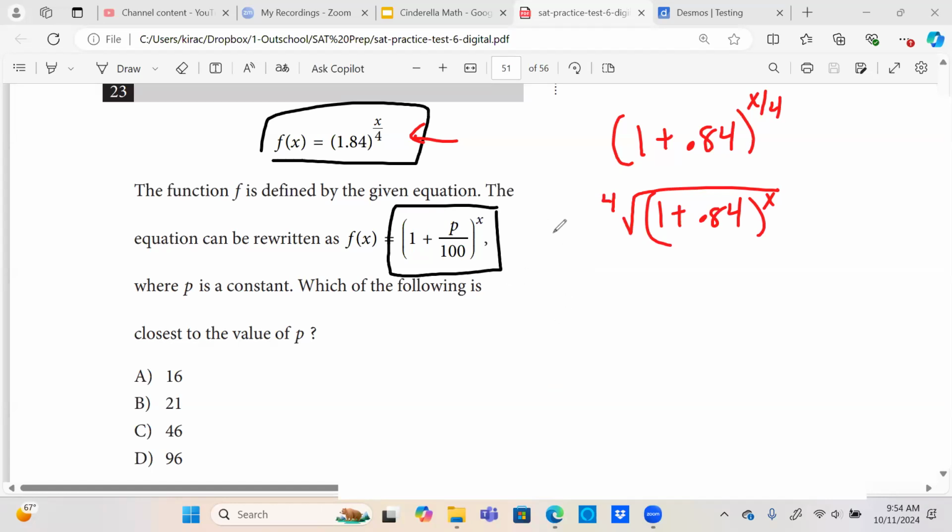But we don't want any roots or anything. We want the x all by itself. So how would we get rid of a 4th root? We'd have to take it to the 4th power.